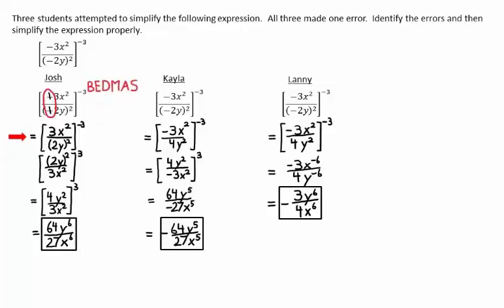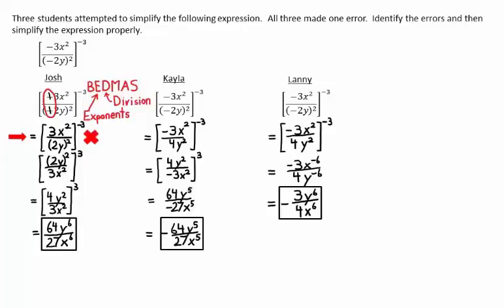We always must be aware of BEDMAS, the order of operations. Specifically, the E for exponents and the D for division. Exponents must always be done before division. That's the mistake Josh has made, so his mistake was in the first step.